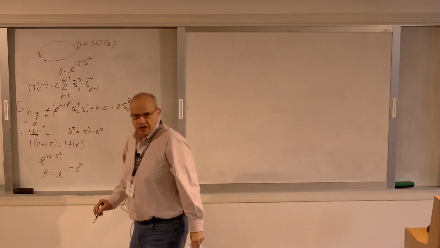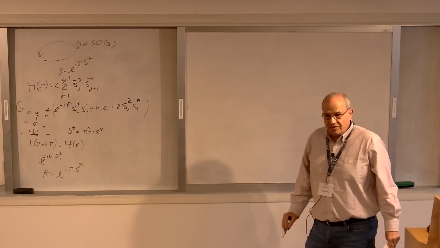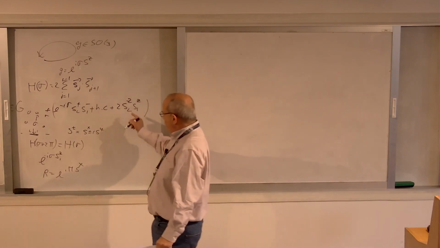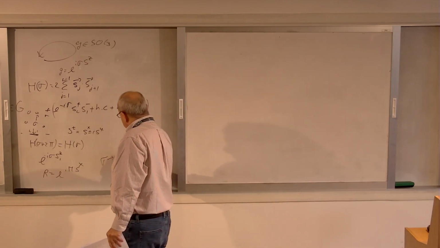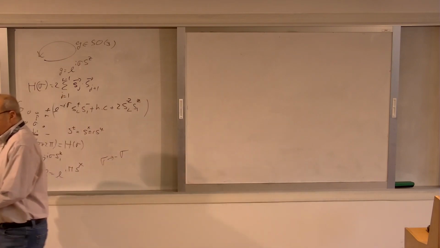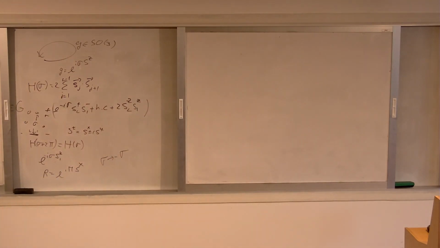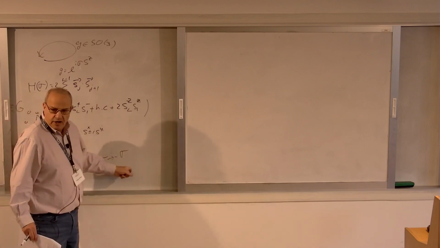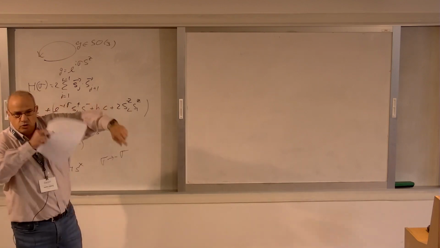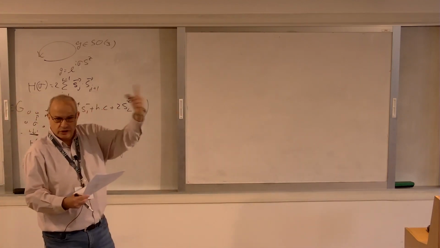This is a pi rotation around an orthogonal axis. It does not commute with the Hamiltonian, but it maps sigma to minus sigma. More mathematically, the conjugacy class in SO3 is labeled not by sigma between 0 and 2 pi, but sigma should be identified with minus sigma, because I can do a 2 pi rotation in an orthogonal direction and bring it back.